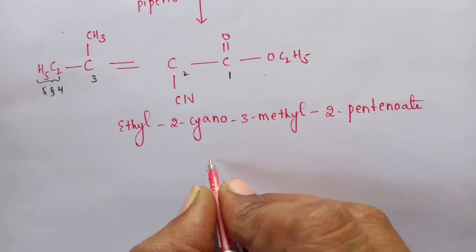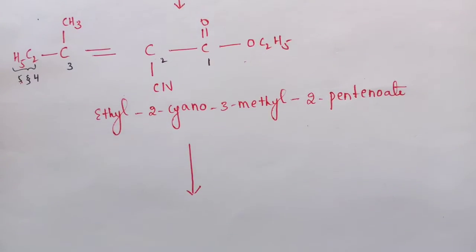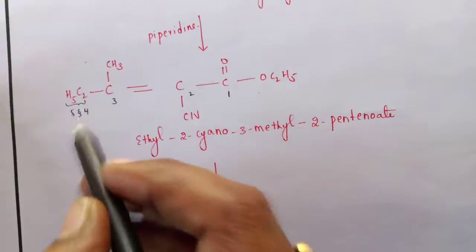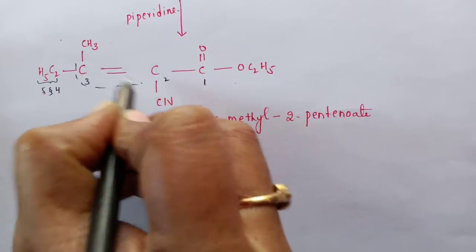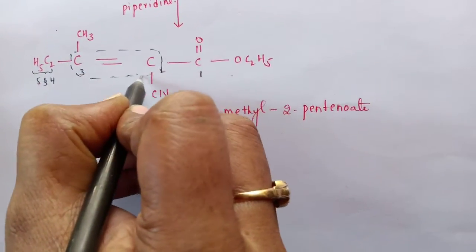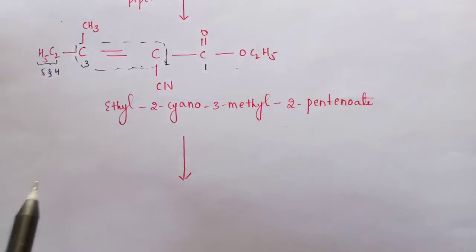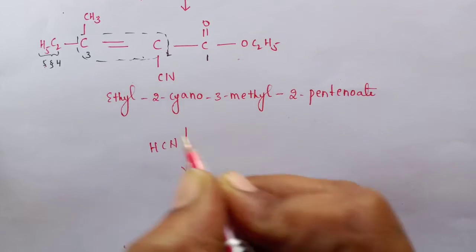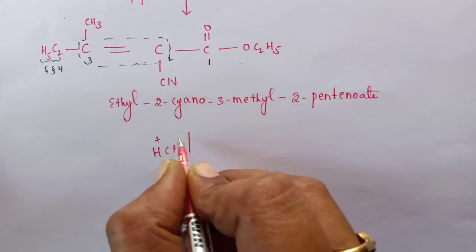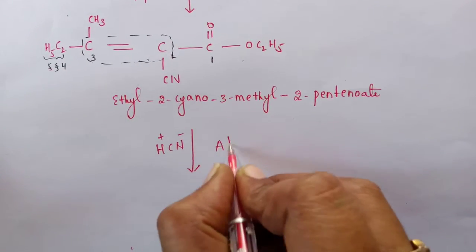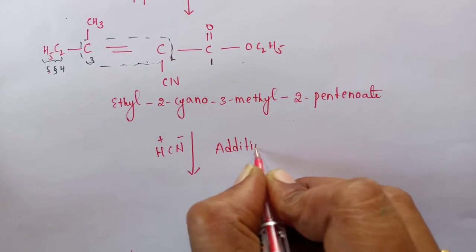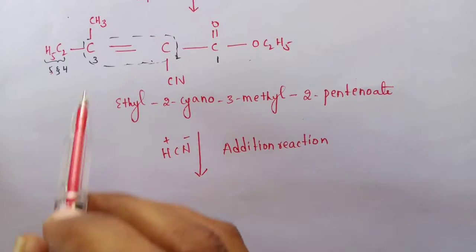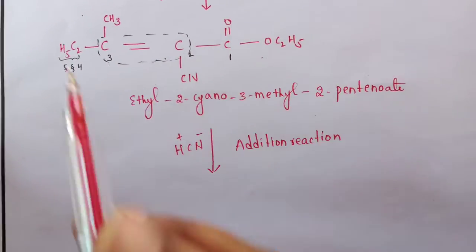The 2-pentenoate undergoes an addition reaction because of the presence of a double bond. The pi bond is very unstable. It undergoes addition in the presence of HCN. The HCN dissociates as H plus and CN minus. There is addition of hydrogen cyanide to the double bond located at the second and third positions.